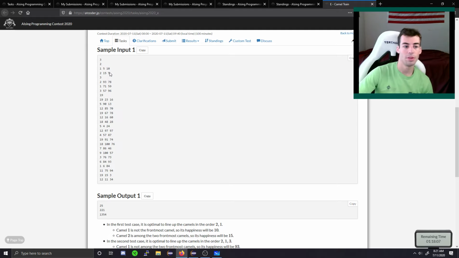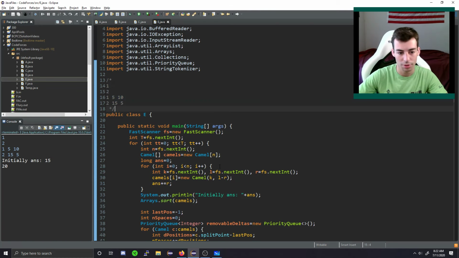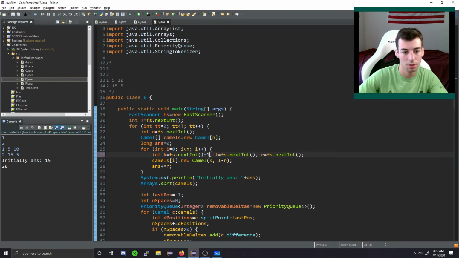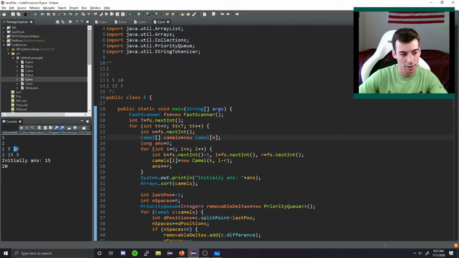So if this is within the first 1 camels, it will be 5, otherwise it's 10. If this is within the first 2 camels, oh, these need to be -1. Initially it is 15. No, it's not. It shouldn't be.